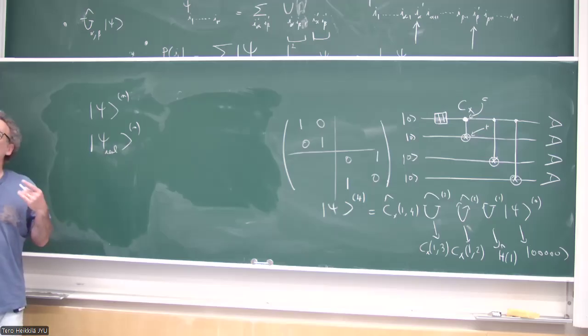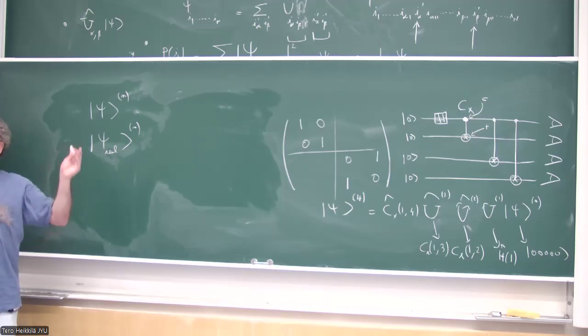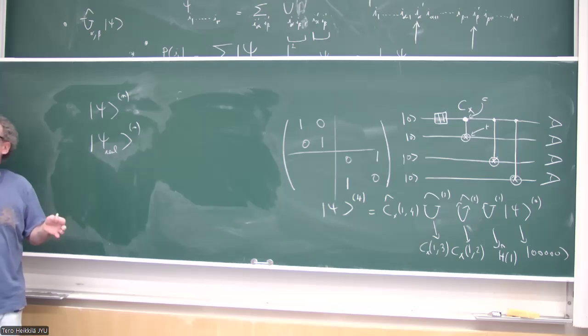There is also the phenomenon called decoherence. Decoherence is actually when you get entangled with objects that you don't control. So if you get entangled with this two-level system, if you get entangled with a phonon, if you get entangled with, I don't know, an electromagnetic wave, anything that you don't really control, it's called decoherence. But it's actually the same phenomenon as in a quantum computer. It's just that you don't control everything in it.